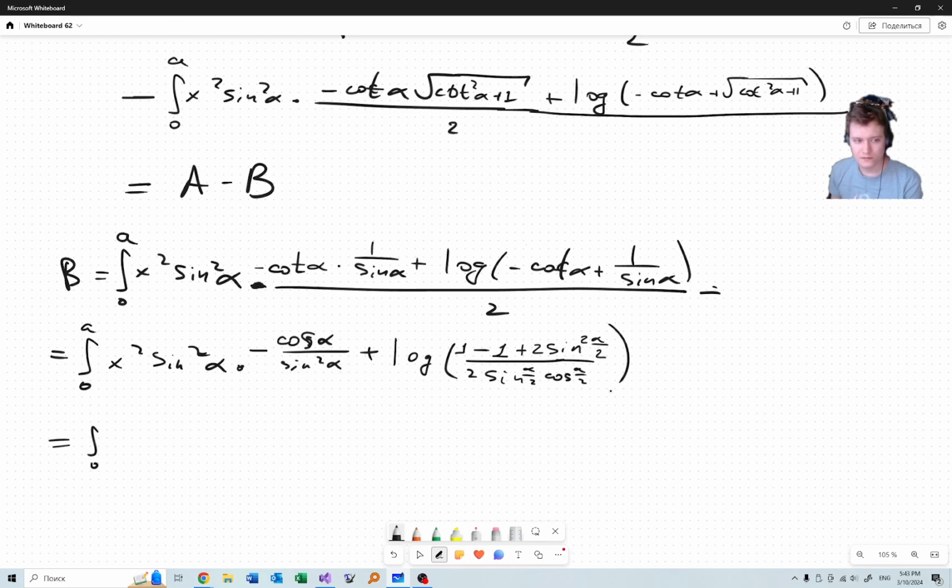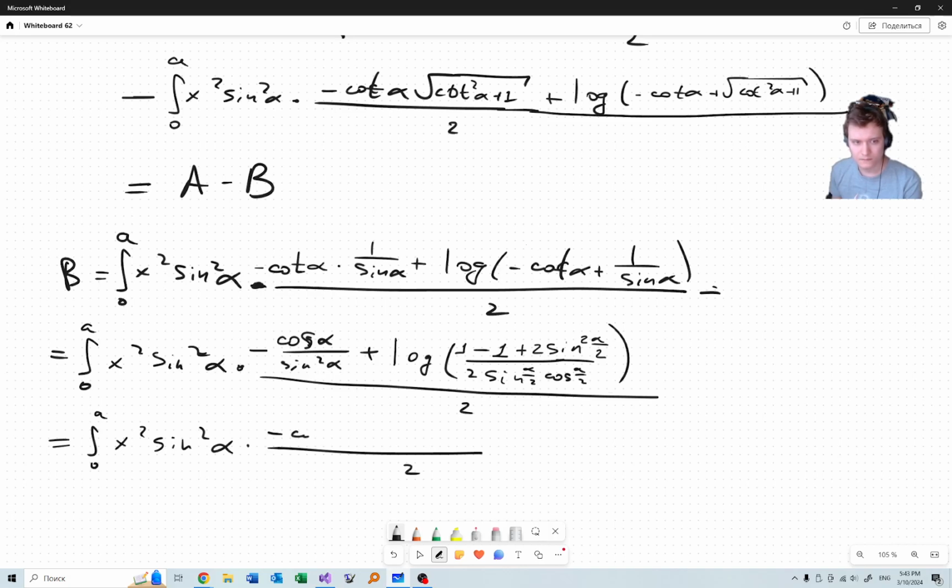So this is logarithm of tangent of alpha over 2. Okay, now we can multiply by sine squared, actually.